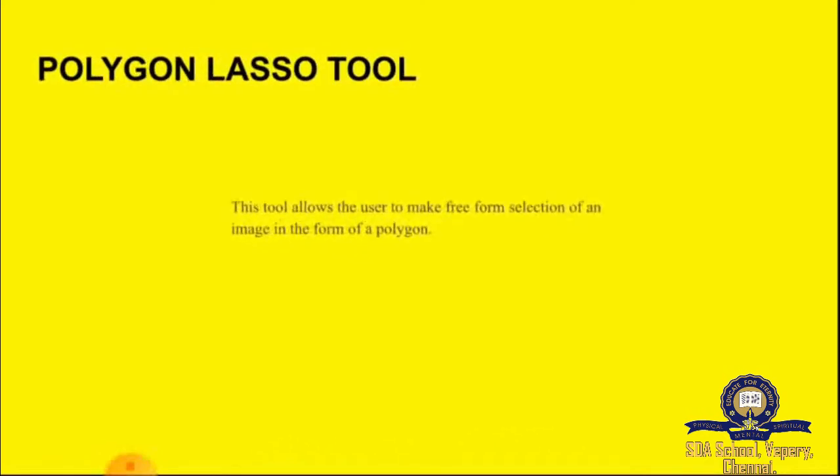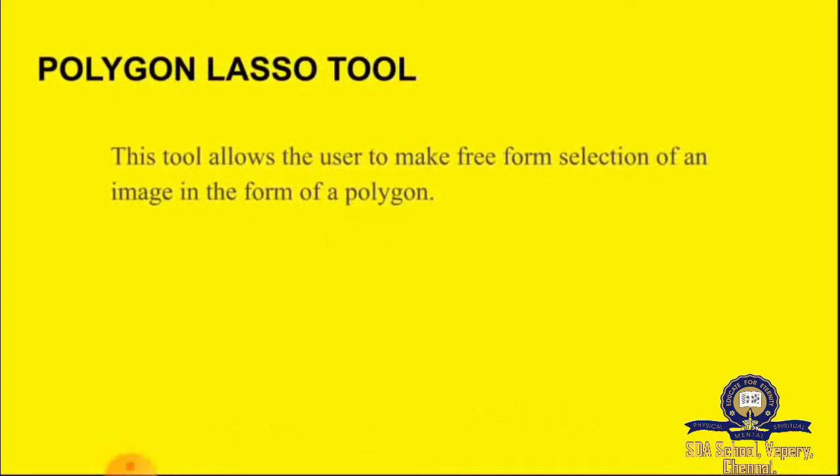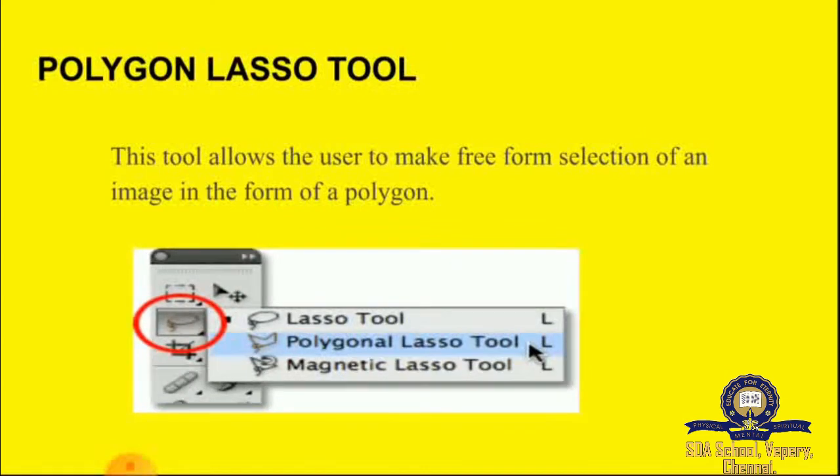Next is polygonal lasso tool. This tool allows the user to make free form selection of an image in the form of a polygon. Can you see the symbol of the polygonal lasso tool? Yes, this is the symbol of the polygonal lasso tool.